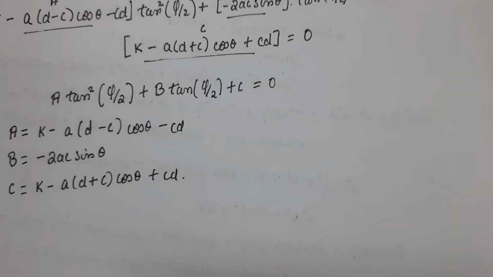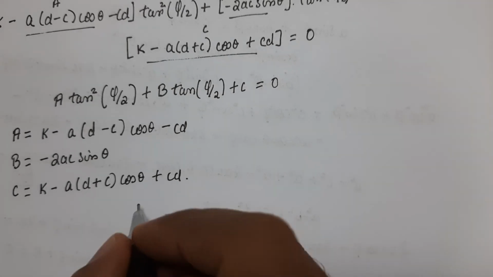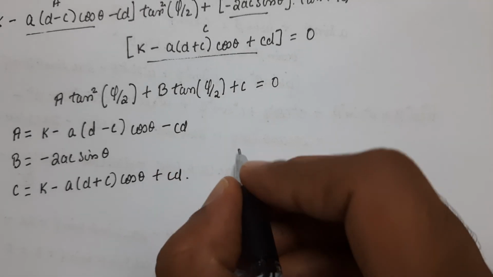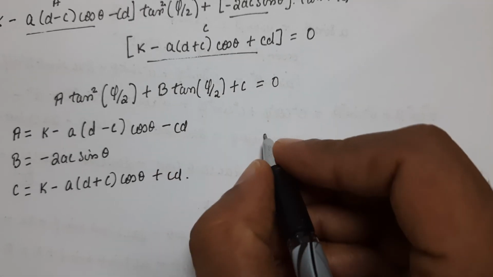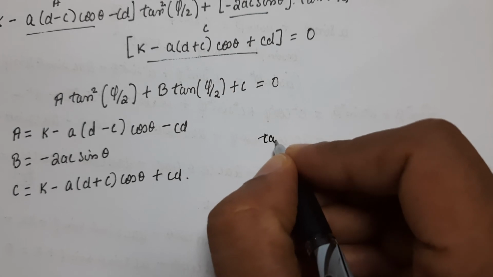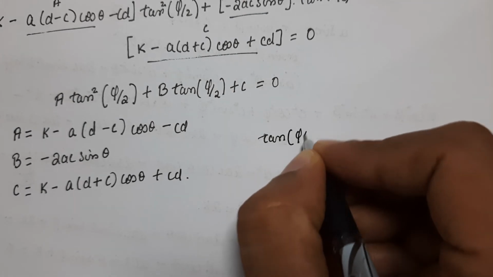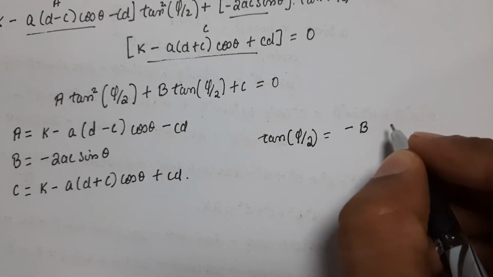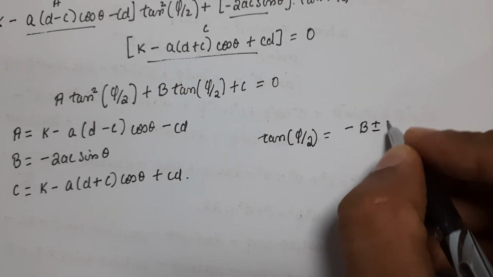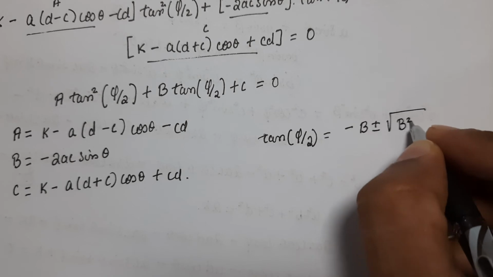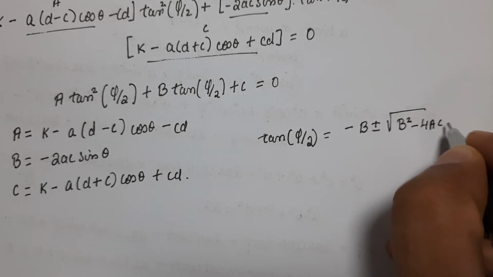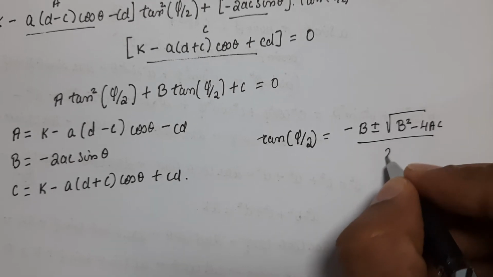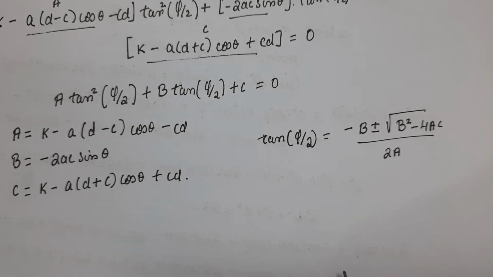So the equation is quadratic in tan phi by 2. Its roots will be tan phi by 2 is equal to minus B plus or minus root of B square minus 4AC divided by 2A.